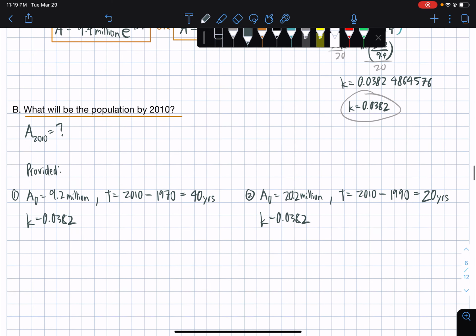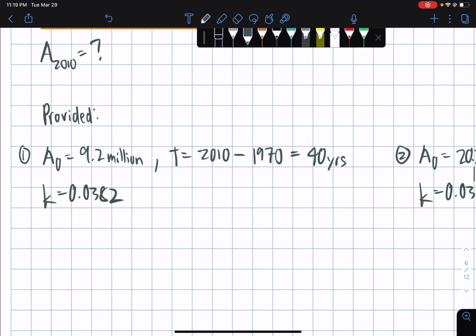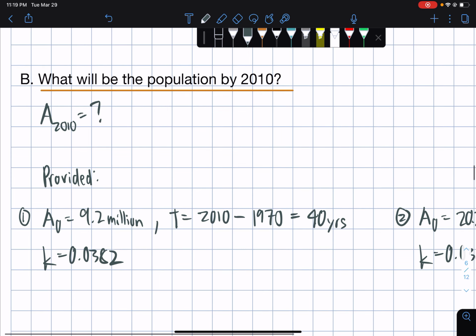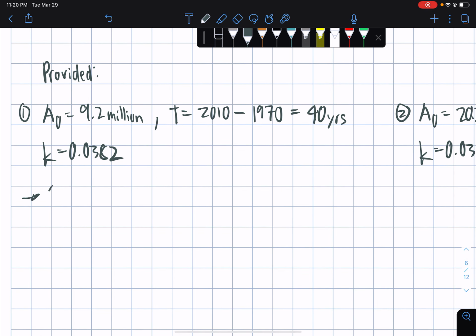So yeah, let's try to solve using technique number 1. So substitute the values now. A 2010 is equal to 9.2 million e raised to 0.0382 times 40.